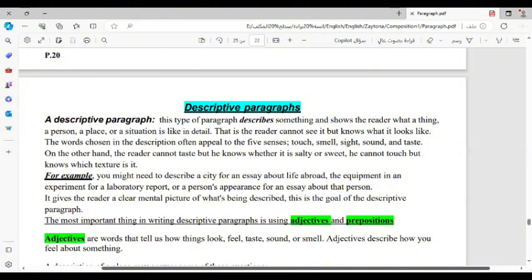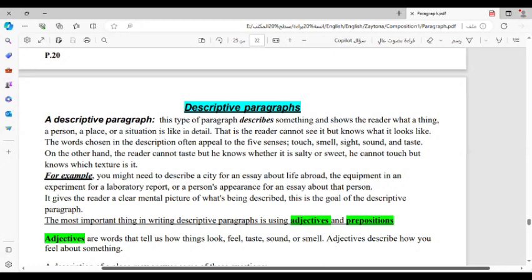Or maybe you are describing your favorite person, so you need to give us adjectives. For example, he is nice, he is kind, he is generous.